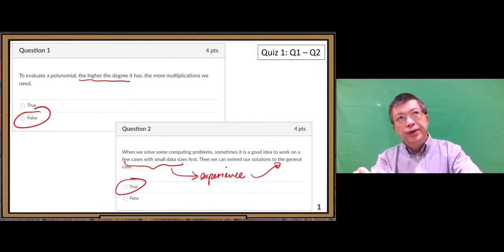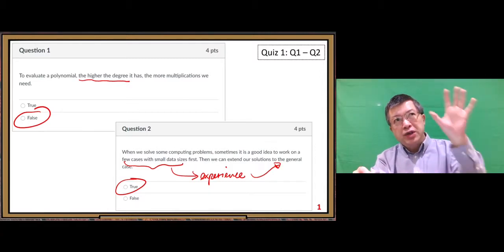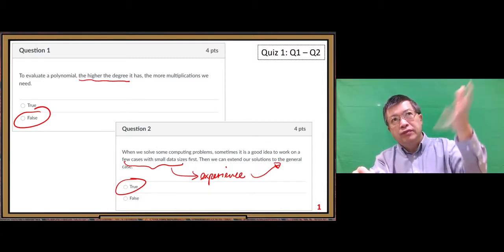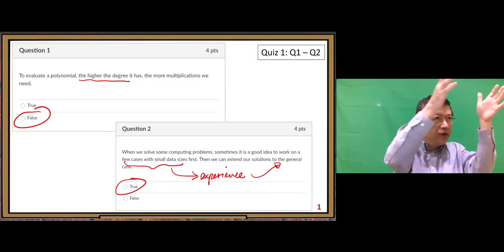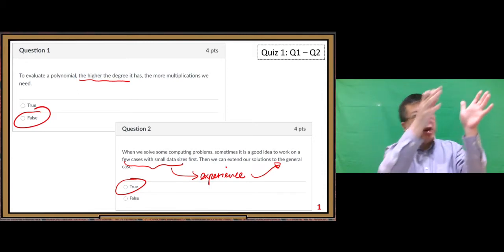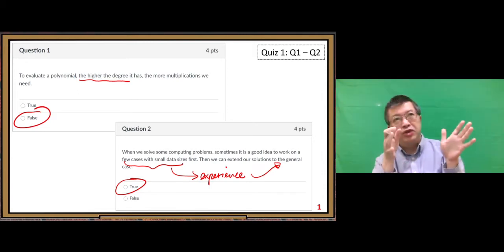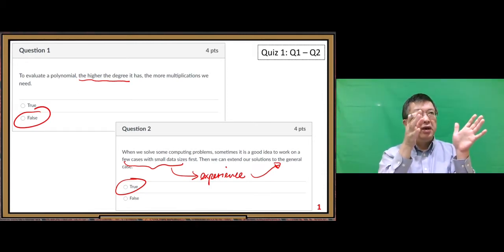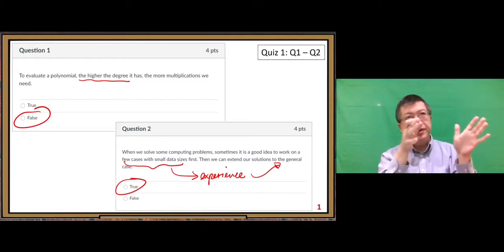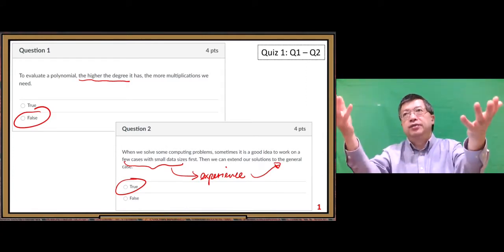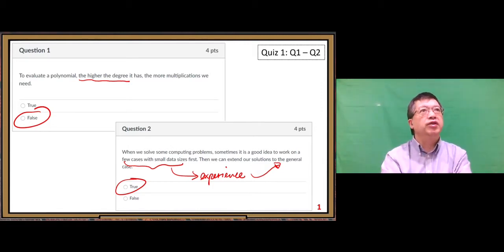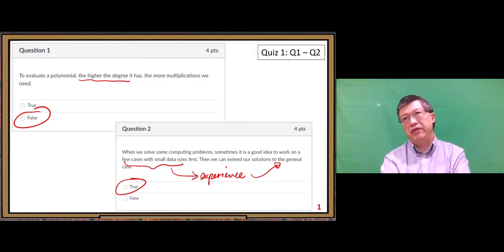So when we solve simple cases, we need to try to find some rule and observe some special properties. After we get those things, we can generalize to solve the general case. So that's the commonly used strategy.